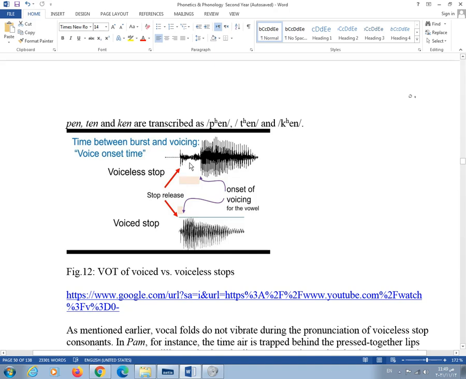Because this part which is blank is where our airway is blocked, and then we release it. When we release it, it makes this noise. So you say p, and this means that the voicing which is needed in order to pronounce the following vowel in pan, for example, is delayed.